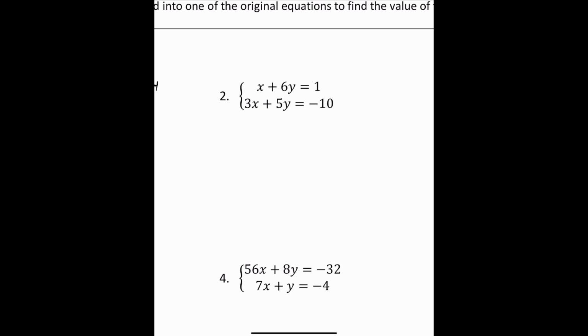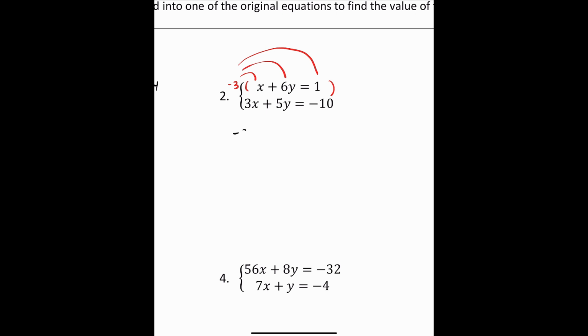I'm going to make sure that when I am manipulating this, I am multiplying by a number that is negative, because look, this is 3x. That's positive 3x to be exact. If I multiply each term in this equation by negative 3, let me distribute the negative 3 to each term.